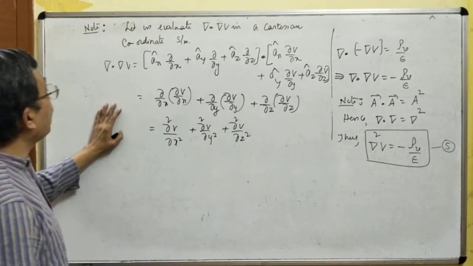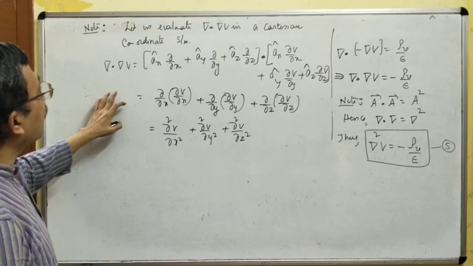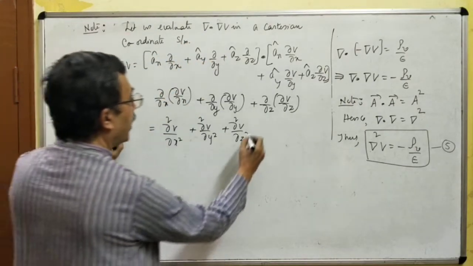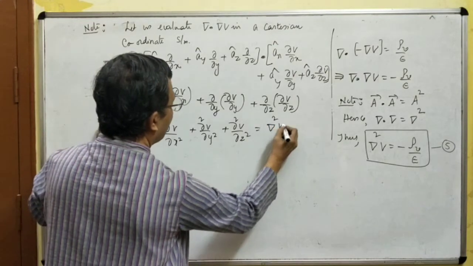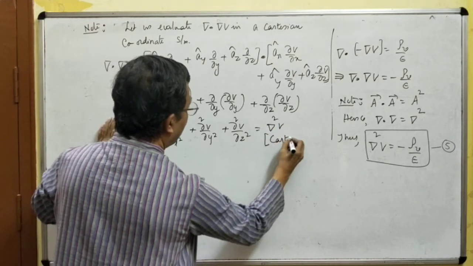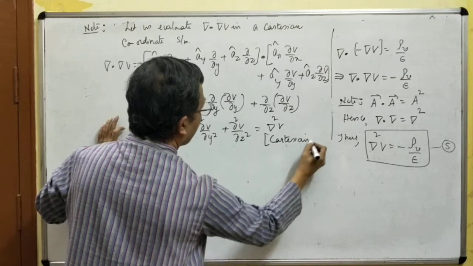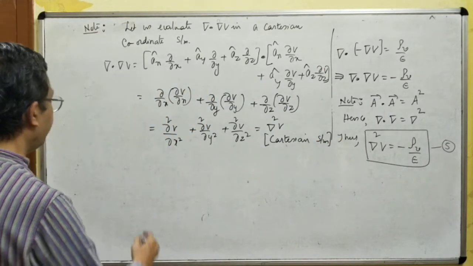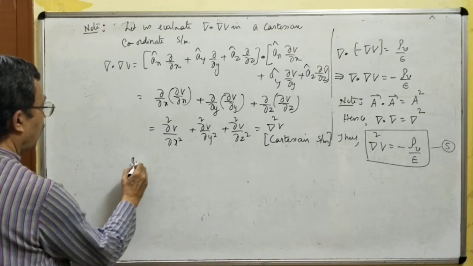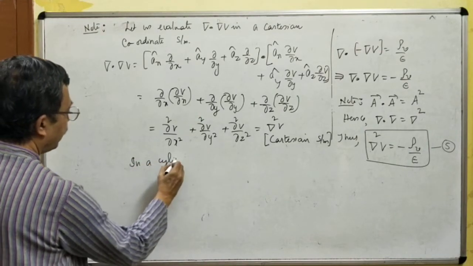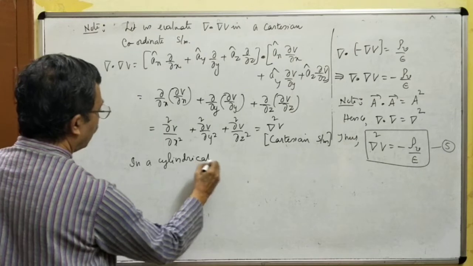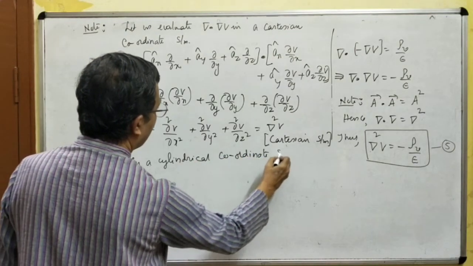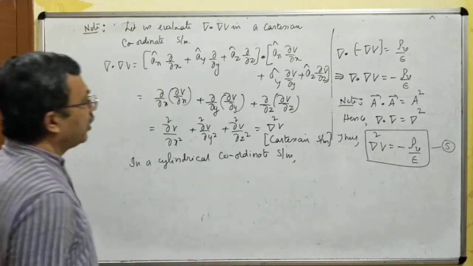This is the expression for del dot del V, which is del square V, in the Cartesian system. In a cylindrical coordinate system, what is the expression for del square V?